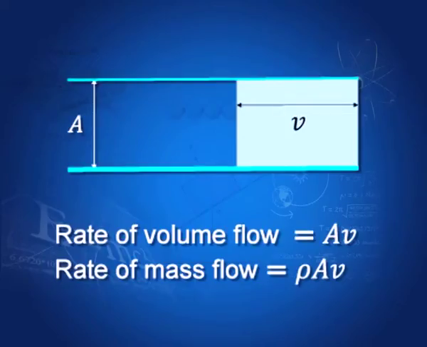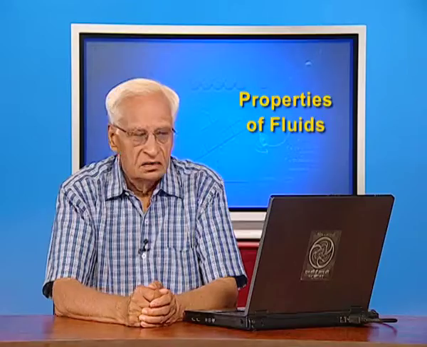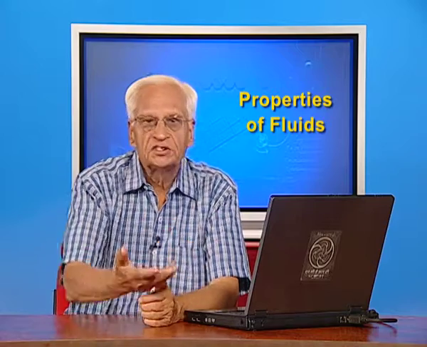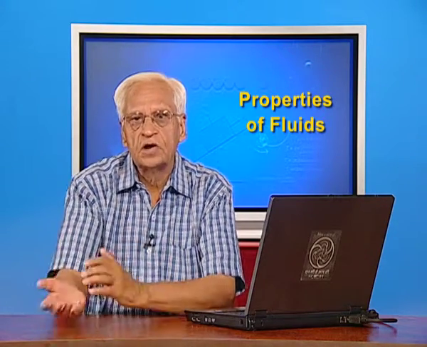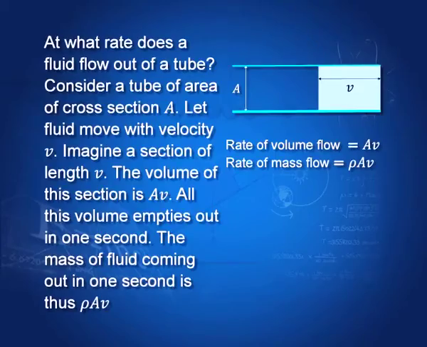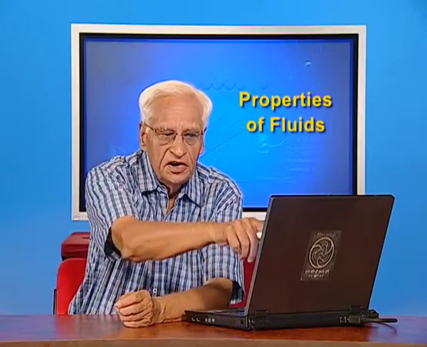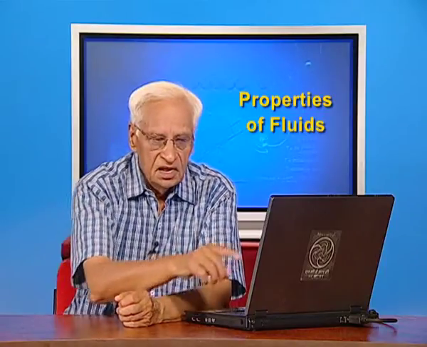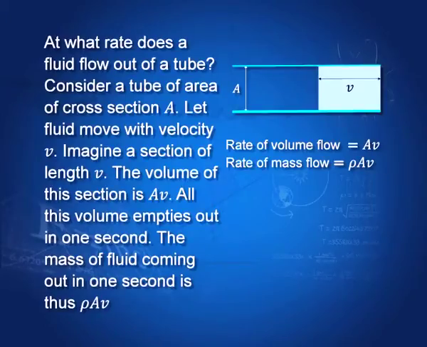The fluid is going through a tube of cross section A. Then how much fluid goes out or enters in this tube per second? To do this, we choose a length equal to the speed of the fluid, length v, so that the volume of this element is A times v, and the mass of fluid in this element is rho times A times v.